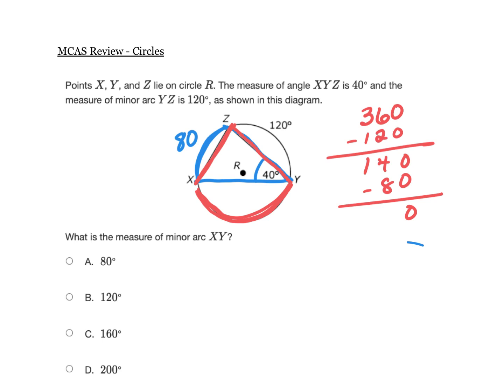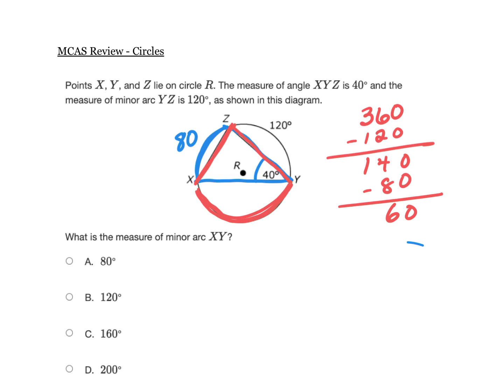And 14 minus 8 is 6, which is not an answer. Since 60 isn't an answer, clearly I made a mistake somewhere, and my mistake is in my subtraction.